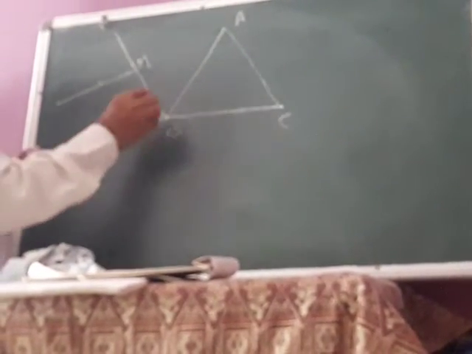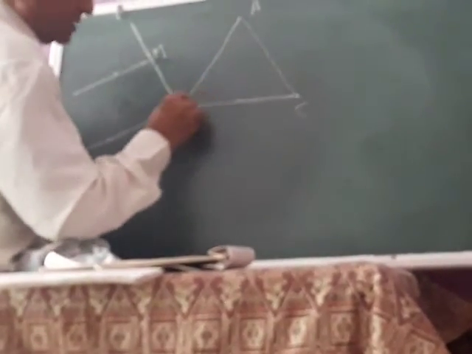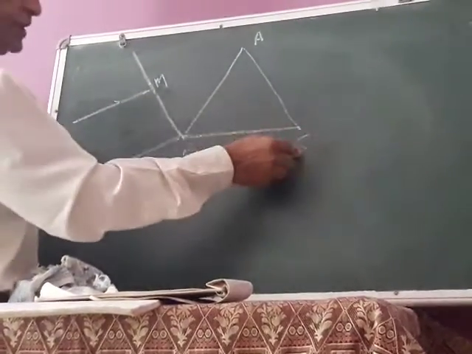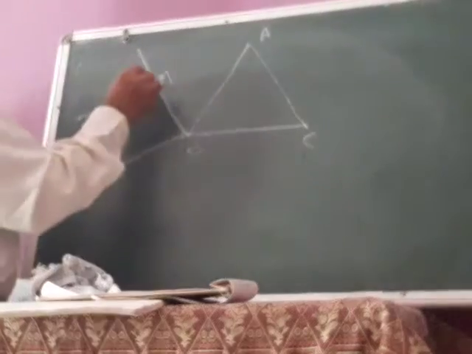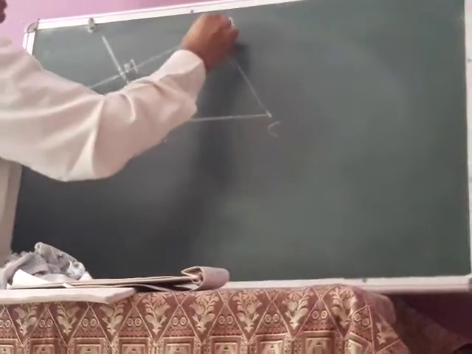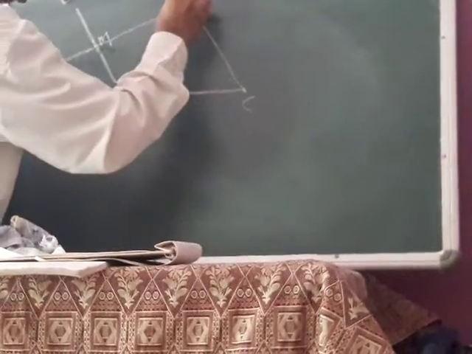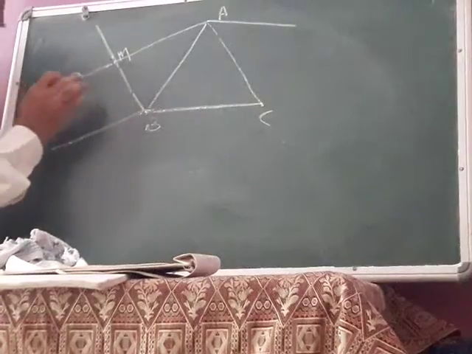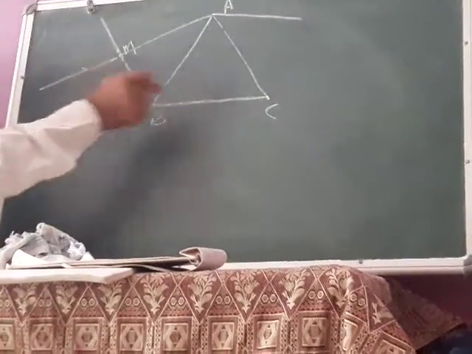Now here this light enters this medium, goes this way and travels the distance B to C. In the same time, this part of the wavefront will travel to A and then to C. The velocity of light in air is more than this.